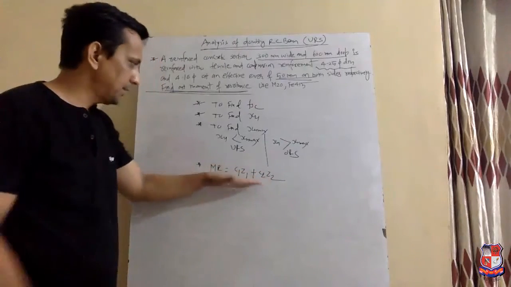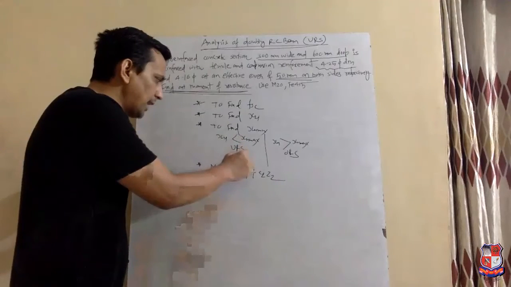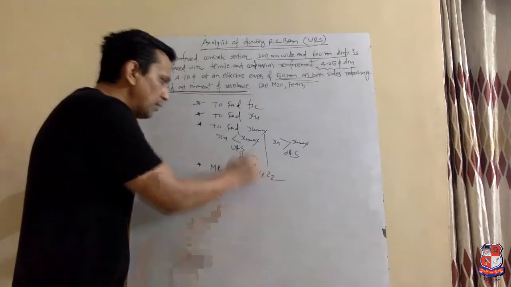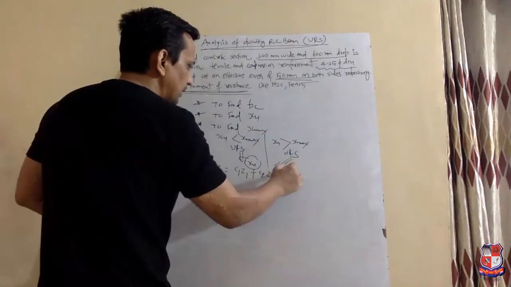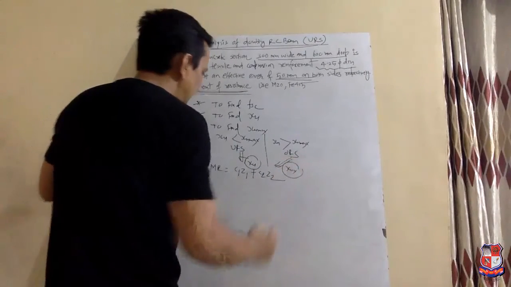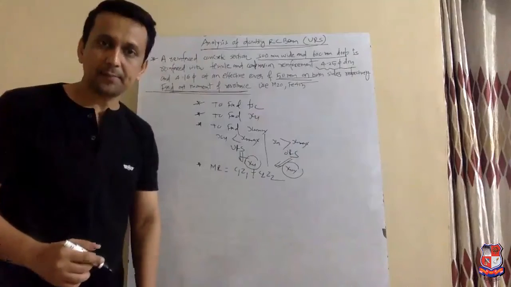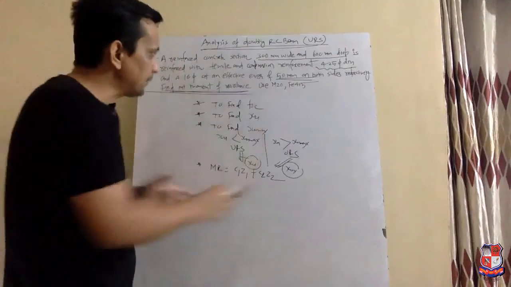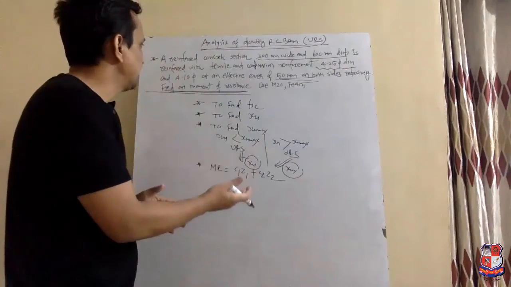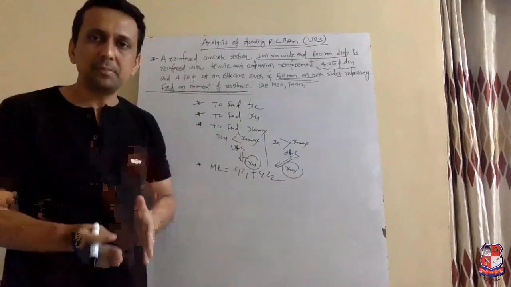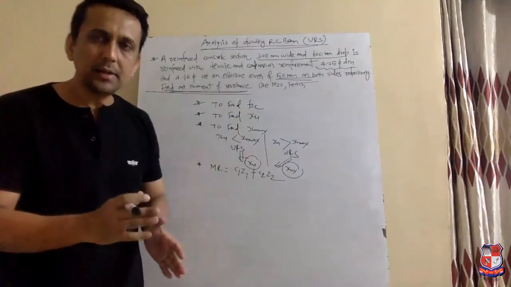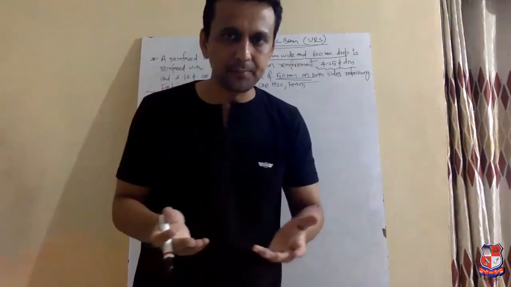In this equation, if the section is URS, then put the value of XU, and if the section is ORS, put the value of XU max in the equation of MR. So in this way, we can find the moment of resistance of the WRC beam having under reinforced section.